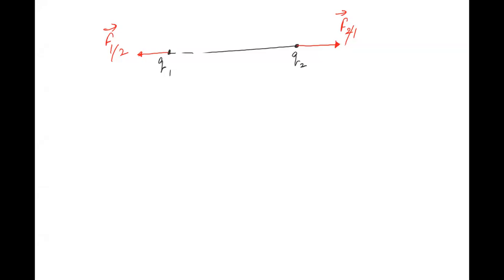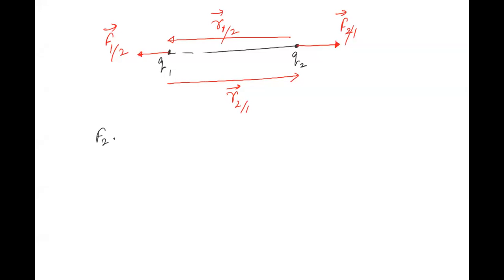I also told you that if we have the position of 2 with respect to 1, I called it R21, and the position of 1 with respect to 2, R12. I gave you the formula to find the force in vector form.